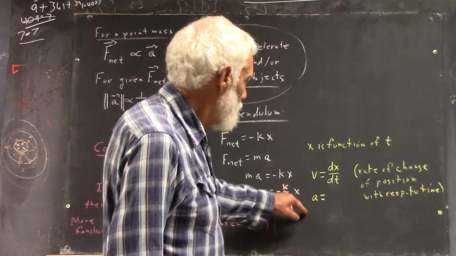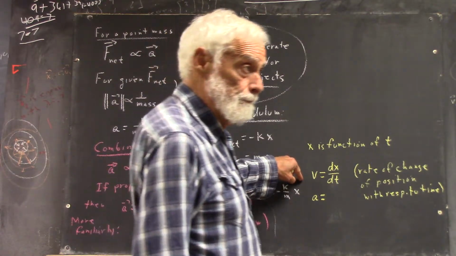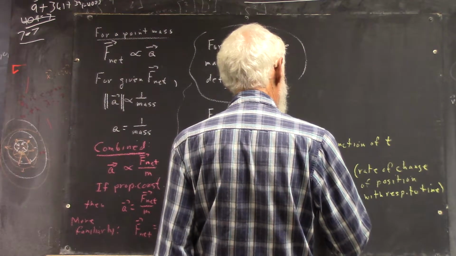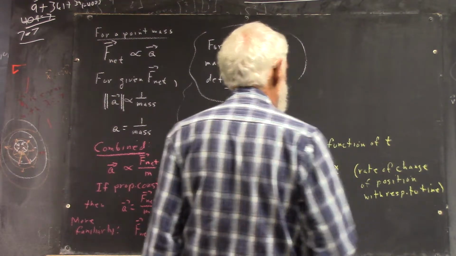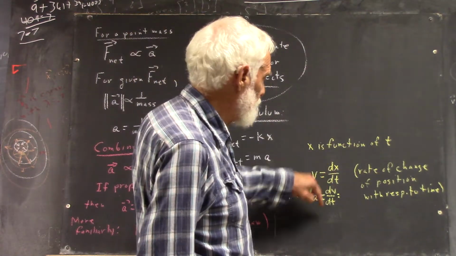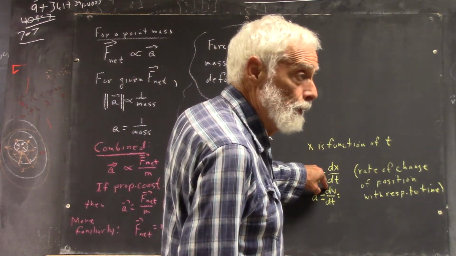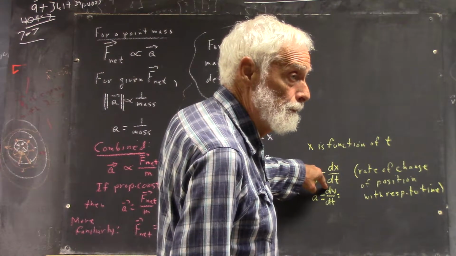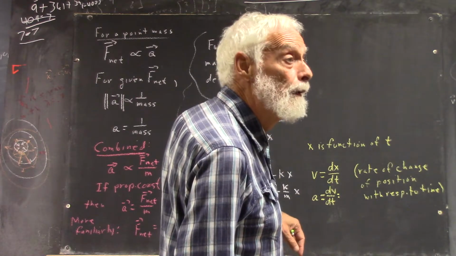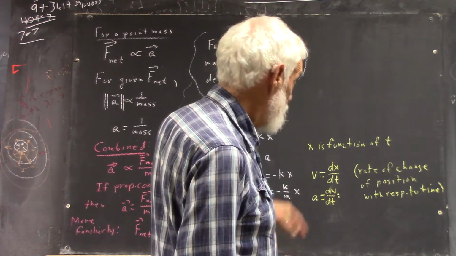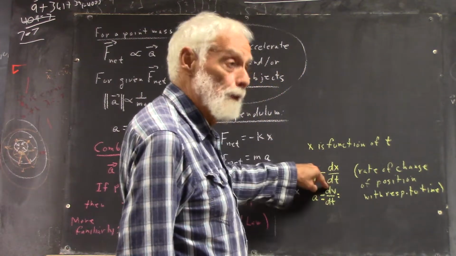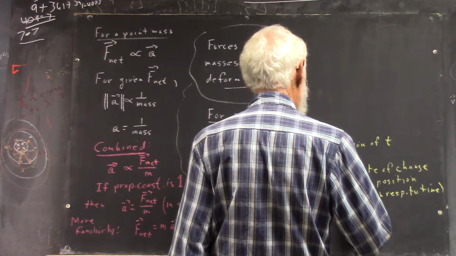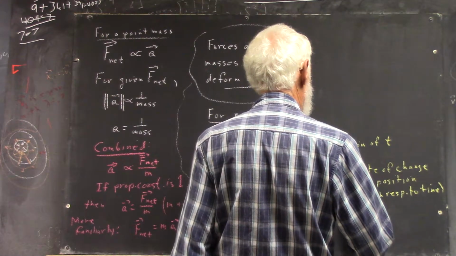Acceleration is the rate at which velocity changes, right? So that's dv dt. And of course, v is dx dt, so it's a derivative with respect to t of dx dt, which makes it the derivative of velocity. The second derivative of x with respect to t. And you know that. Just wanted to give you an opportunity to think it yourself before I told you.